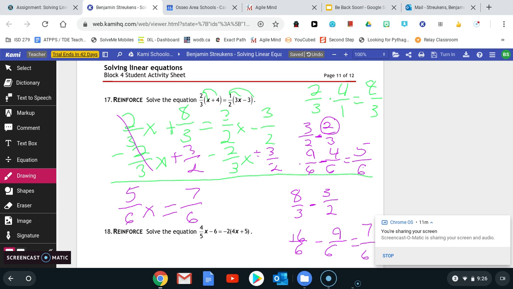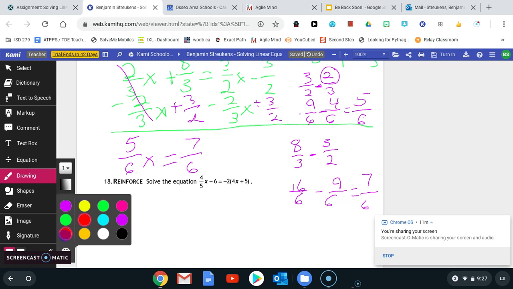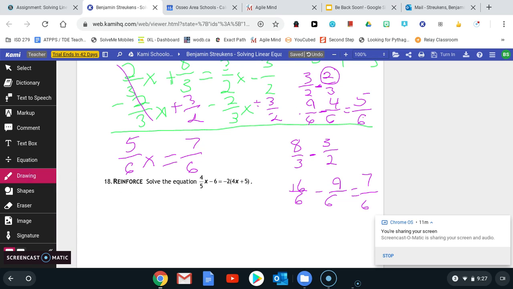Now to find x, what we need to do is divide our number, our 5 over 6. And remember, when we divide, you have to actually multiply by the reciprocal. So the reciprocal of 5 over 6 is 6 over 5. So I'm going to multiply 6 over 5 here. So in this case, we get x equals 7 times 6 is 42. 6 times 5 is 30.